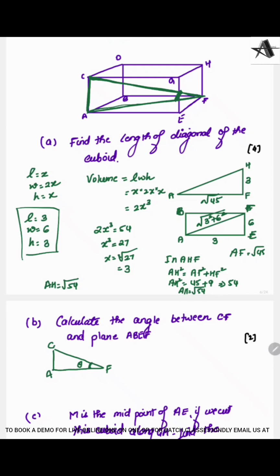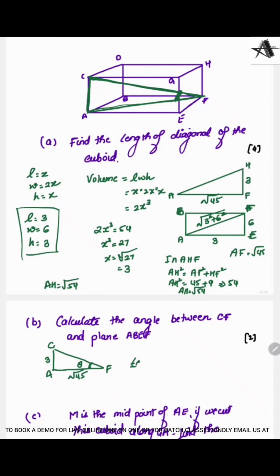We know every value of this triangle. CA is the height, which is 3, and AF we have calculated as root 45, or CF we have calculated as root 54, so whatever you want to take. Let me take root 45 here. Obviously CA is opposite to this angle, and AF is adjacent because that side is connected with that angle.